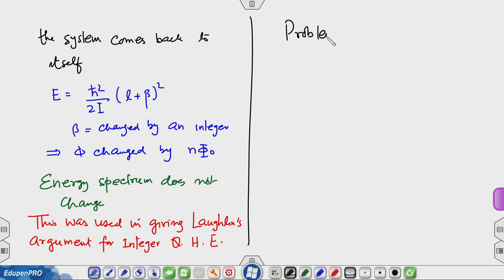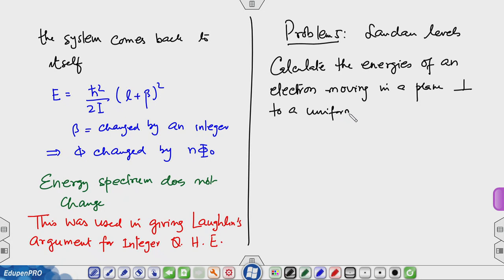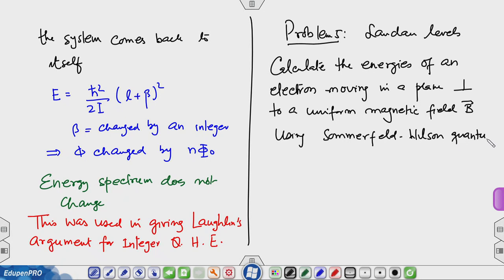And finally, for today's problem, I am going to go back to Landau levels, and what I want you to do in this problem is calculate the energies of an electron moving in a plane perpendicular to a uniform magnetic field B using Sommerfeld-Wilson quantum condition.